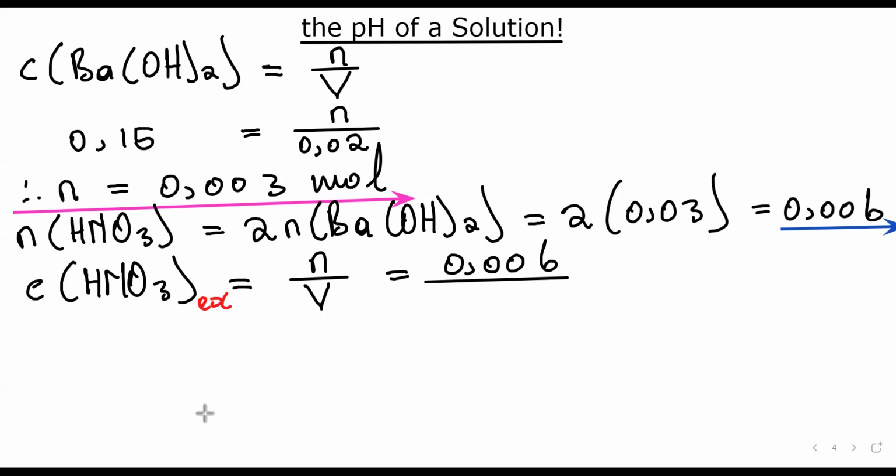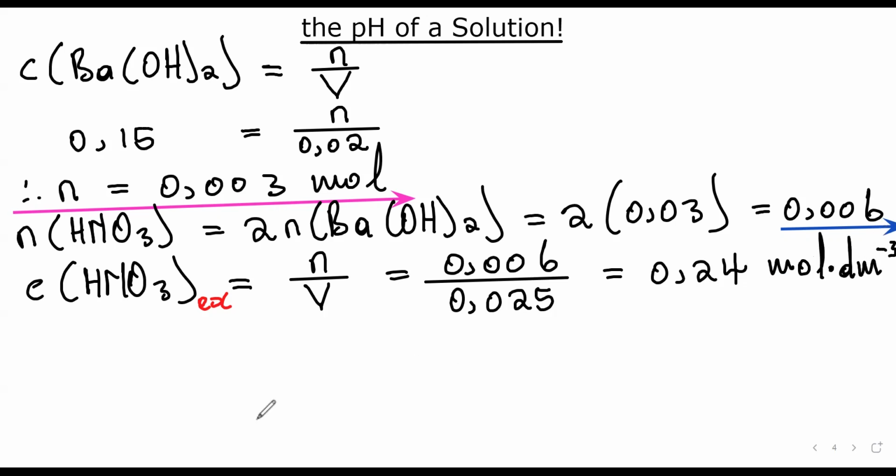The volume is 25 cubic centimeters. And when you find this ratio, you find that the concentration is 0.24 mole per cubic decimeter.